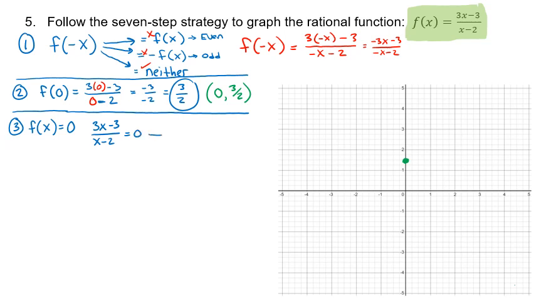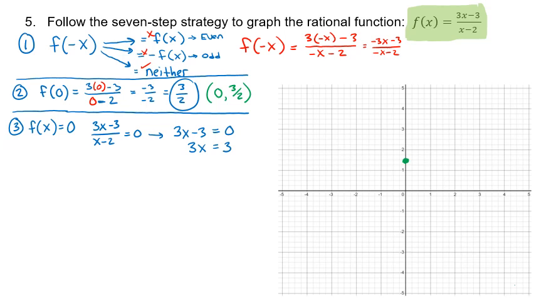And a fraction is equal to 0 when the numerator is 0. Like if we multiply both sides by x minus 2, it'll cancel off the x minus 2. So we only need to solve the top of the fraction is equal to 0. Could add 3 to both sides. So that's 3x is equal to 3.